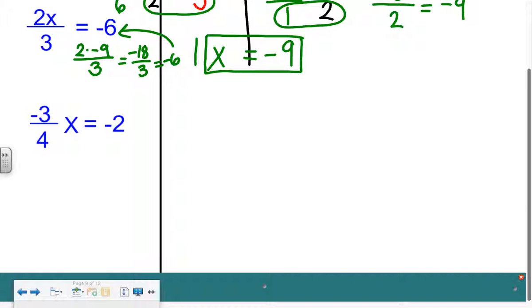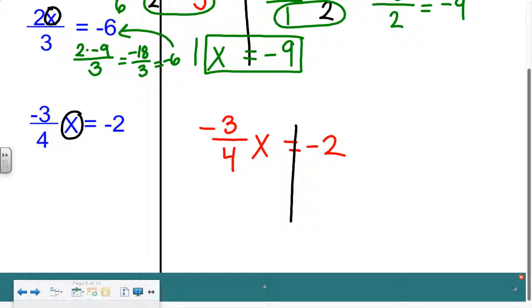Then we've got negative 3/4 x equals negative 2. Now what's different about this one and the last one is where our x is placed. Notice on the top equation, the x is right next to the 2. Now on this equation, the x is out to the right of our fraction.